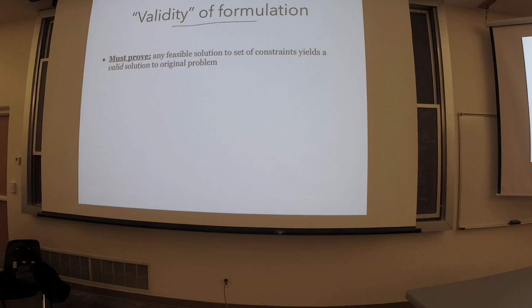And therefore, if you actually optimize it, so if you try to find the feasible solution with the least value, then you find the best solution. So you want to prove that any feasible solution to the set of constraints you wrote down yields a valid solution to the original problem.